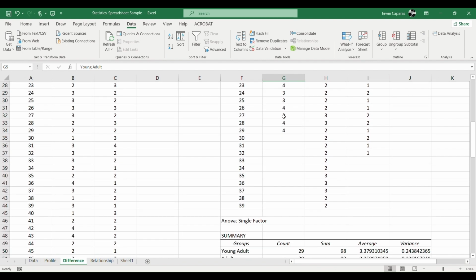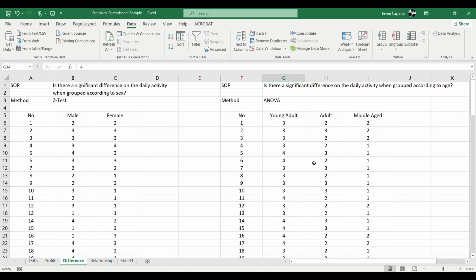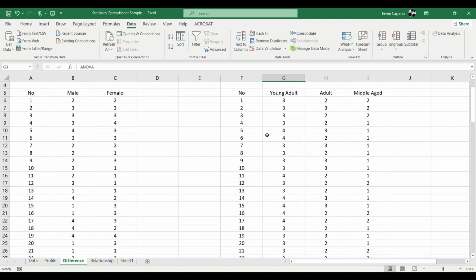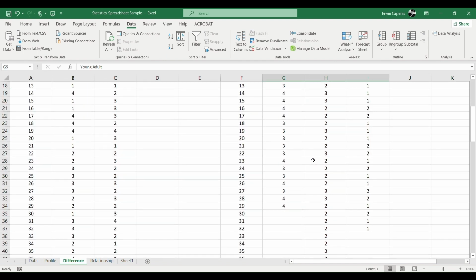So we can see that we have more adult, okay, than the middle-aged, and then the last is the young adult. Okay, so that this is how we present our data for analysis of variance. Okay, so again, ANOVA is used for 3 or more responses or group of responses.